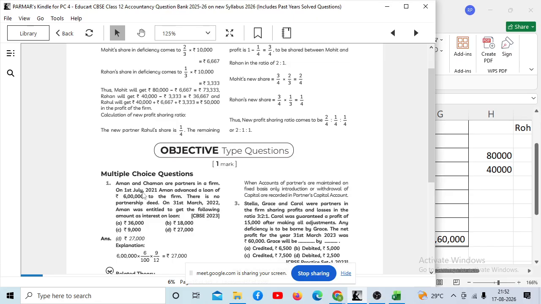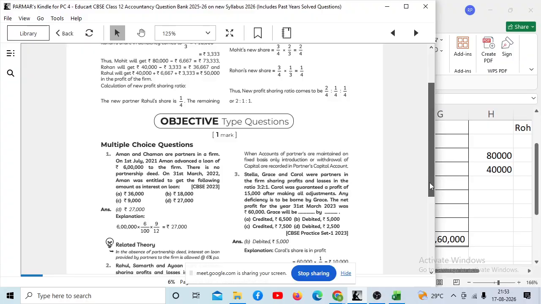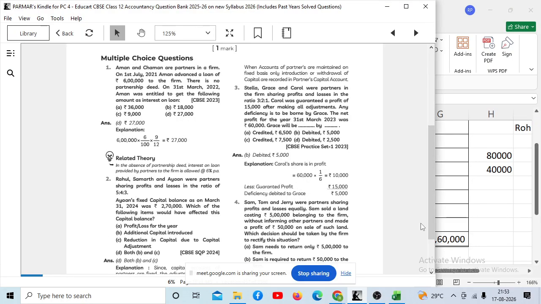So from July to 31st March, how many months? 9 months. So you can see this calculation: 6 lakh into 6 upon 100 into 9 upon 12. So what is the correct answer? Option D, 27,000 is the correct answer. Okay, similarly we will solve the second one.